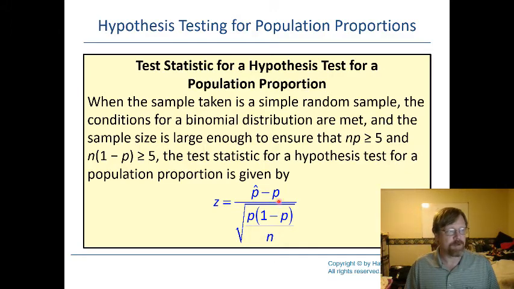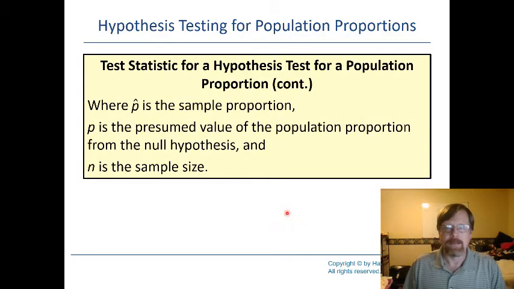Should be a little more specific. This is the presumed population proportion, really the null value we're testing against. Presumed value from the null hypothesis, as they phrase it.